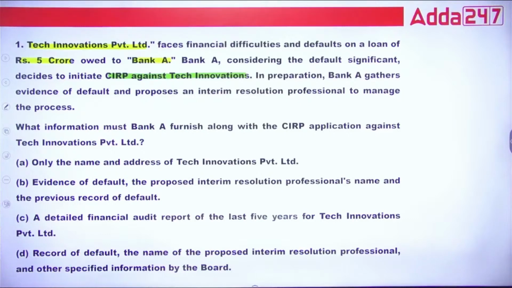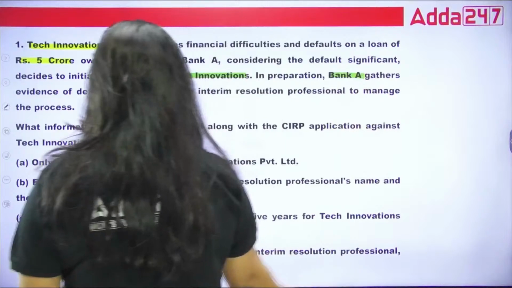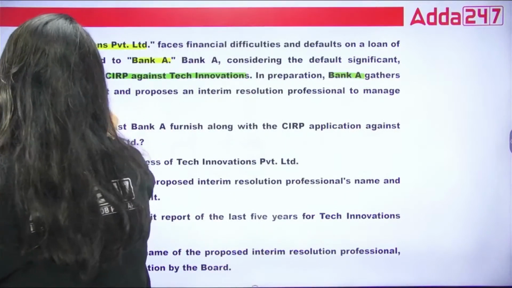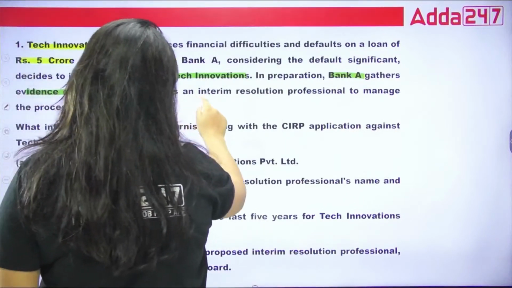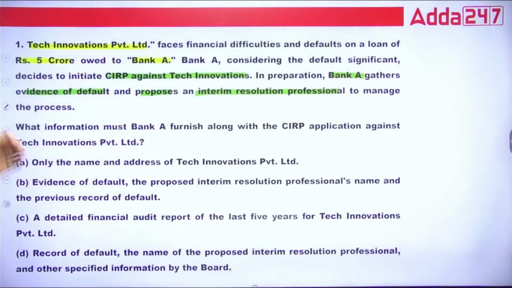In preparation, Bank A gathers the evidence of default and proposes an interim resolution professional to manage the process. What information must Bank A furnish?